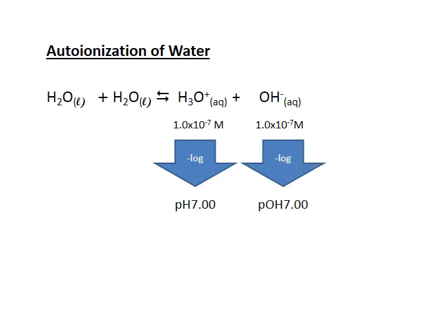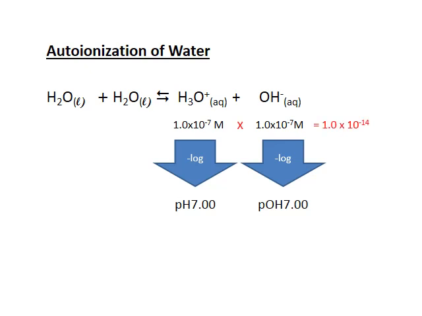And we don't talk about it much, but we could take the negative log of the hydroxide ion concentration and have a pOH of 7. And you may have recalled from other classes that this is what we consider a neutral pH, and that pHs greater than 7 are considered basic or alkaline, and that pHs less than 7 are considered acidic.